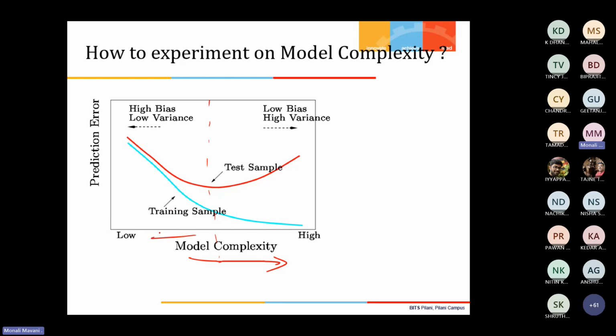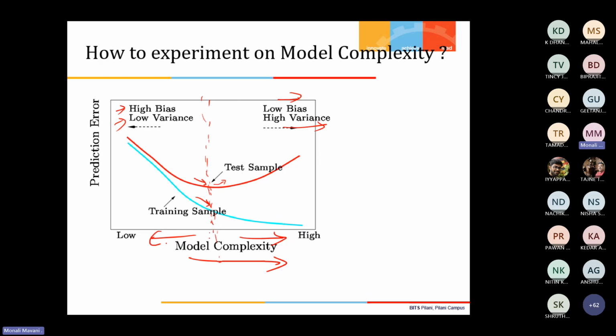When the model complexity is low, you get high bias but low variance. When the model complexity is high, we get low bias, meaning train error is low, but the variance would be very high. At the point where test error is decreasing and train error is also decreasing, but after which test error increases, we should stop and consider that model complexity.